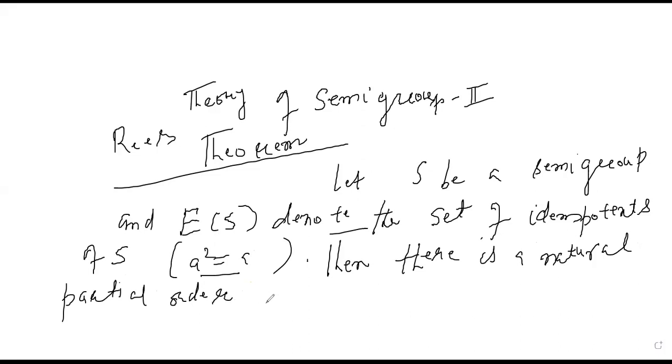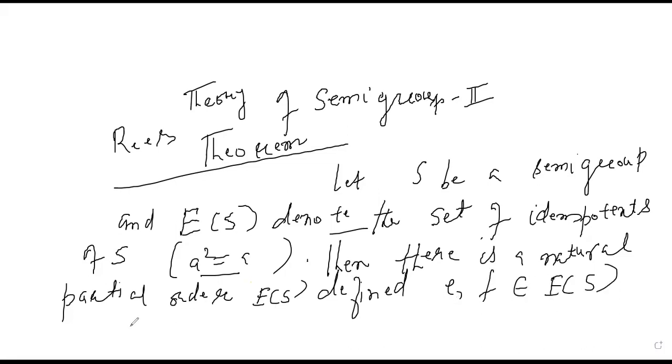You can define it in this fashion: suppose you choose e, f, two idempotents in E(S), you say that e is less than or equal to f if and only if you have EF equals FE equals E. So two idempotents e and f are related if and only if you have these equations, ef equal to fe equal to e.